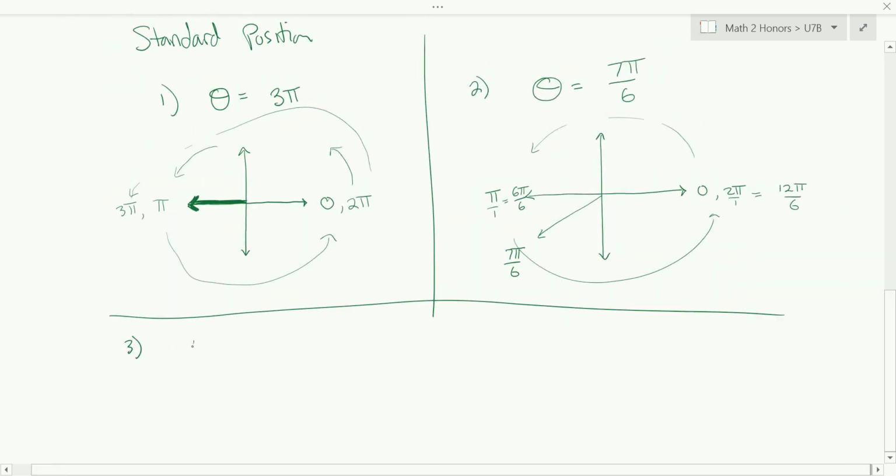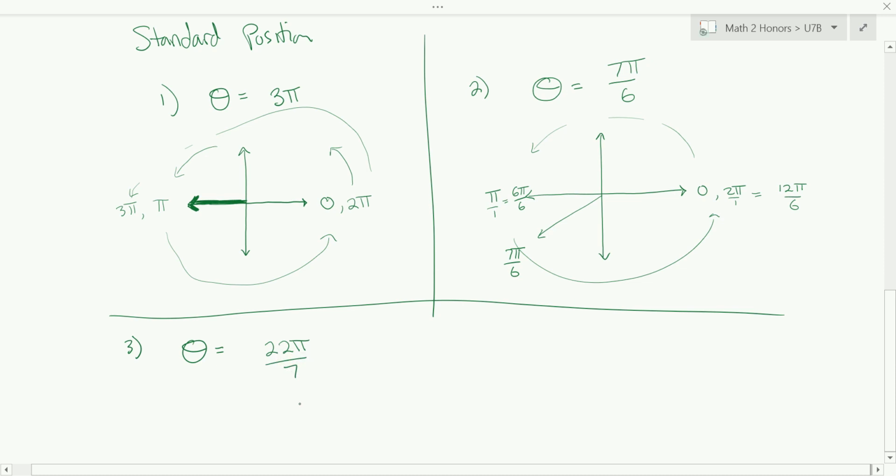So try that again with theta equaling 22 pi over 7.